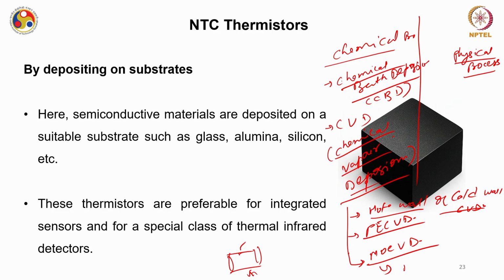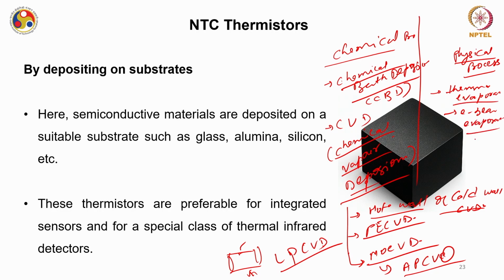You can have APCVD, atmospheric pressure CVD systems where the deposition takes place at atmospheric pressure. Then you may have LPCVD where the deposition takes place at lower pressure. So there are a number of methods for the deposition of this semiconducting material to fabricate the NTC thermistors. For physical processes, usually in the laboratory, people may use thermal evaporation or sometimes E-beam evaporation.